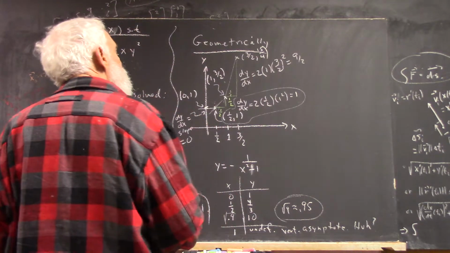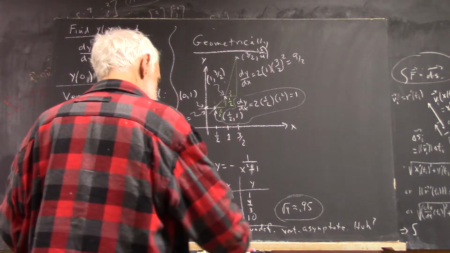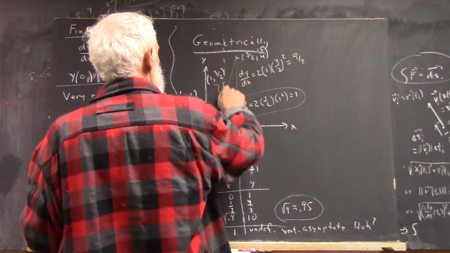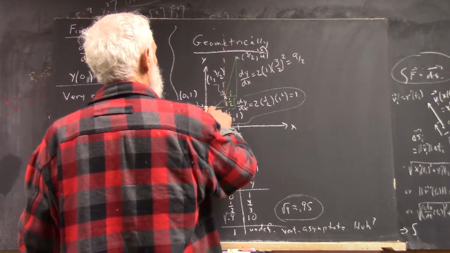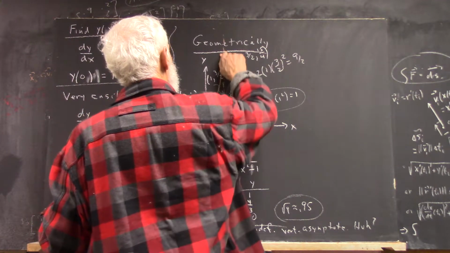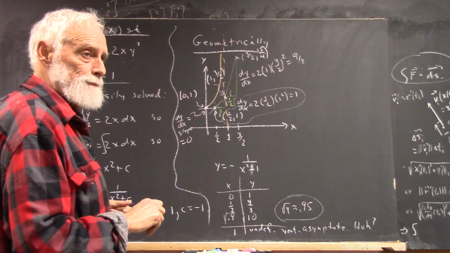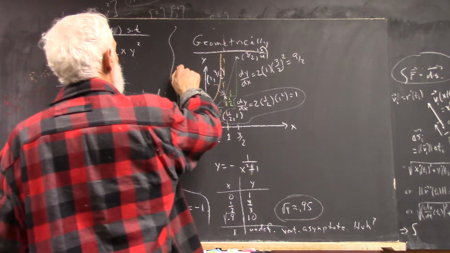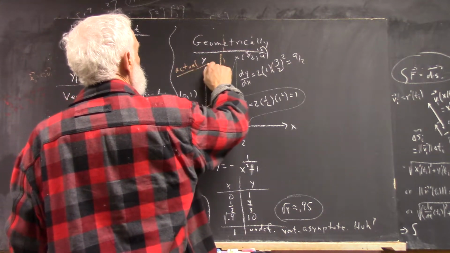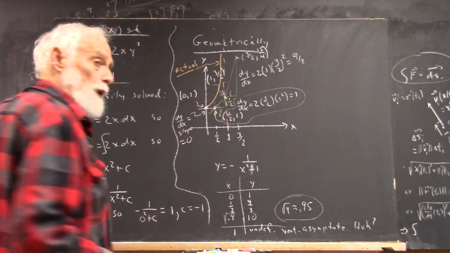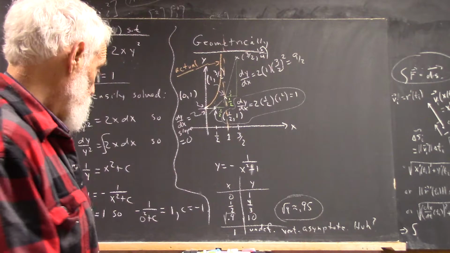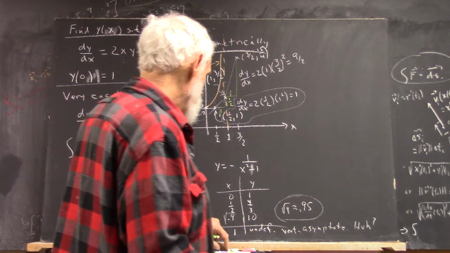So you can at least believe that we're going to be approaching a vertical asymptote. Here's your actual, and it doesn't go past x equals 1. By rule, it's very easy to state and understand, and we'll do it later.